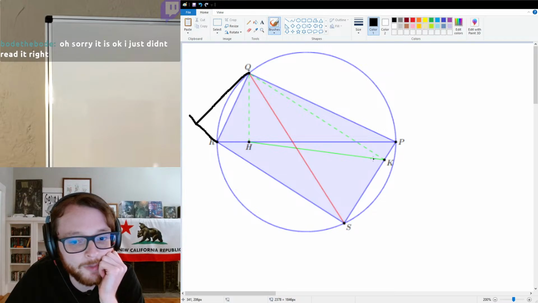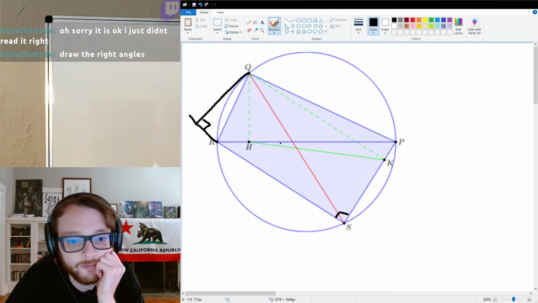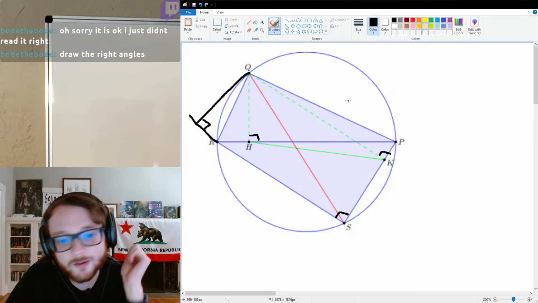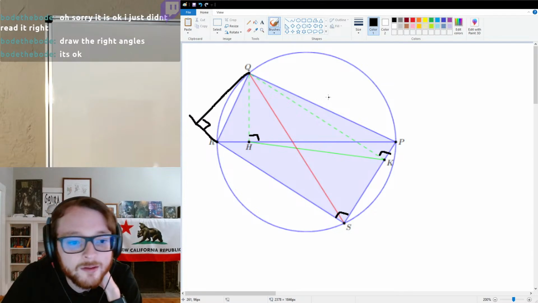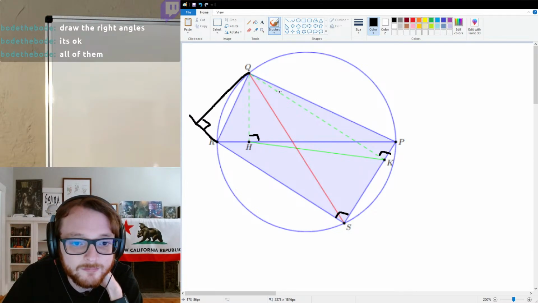Maybe I'm not drawing it right, but it's supposed to be HK in right angles there, and there. QKS? QK. Oh, okay, sure.